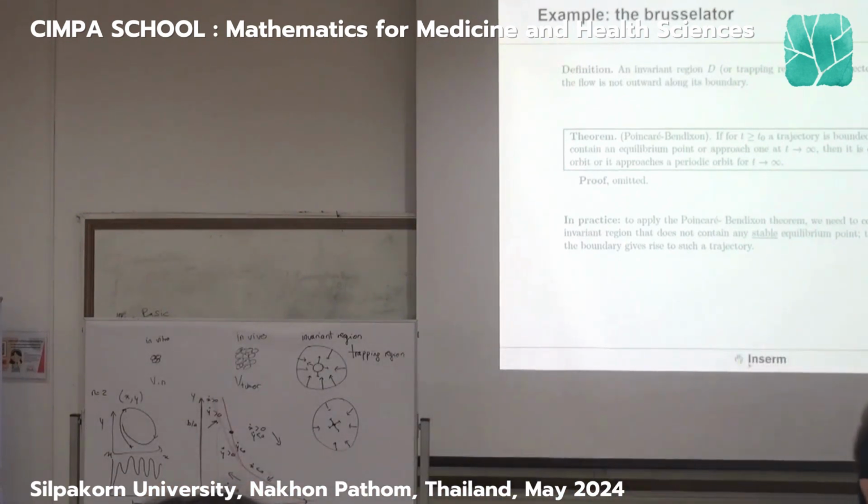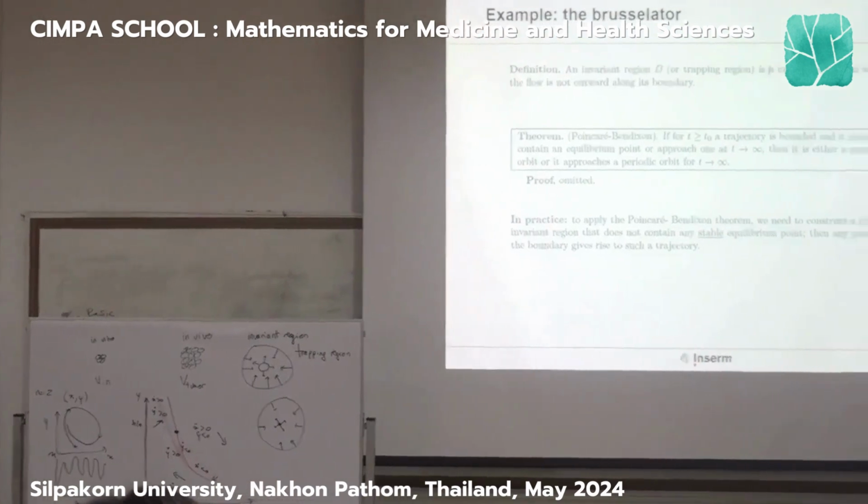And then we need a theorem, the Poincaré-Bendixson theorem, that says that basically if the trajectory is bounded and it does not contain an equilibrium point or approach one as t tends to infinity, then it is either a periodic orbit or it approaches a periodic orbit as t goes to infinity.